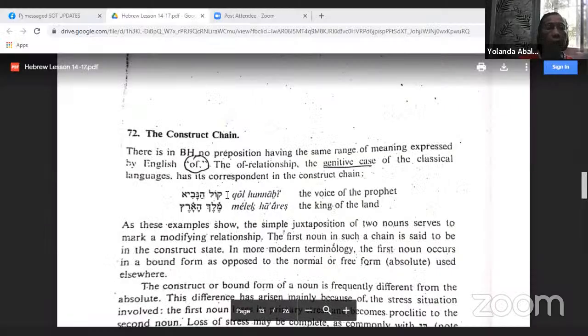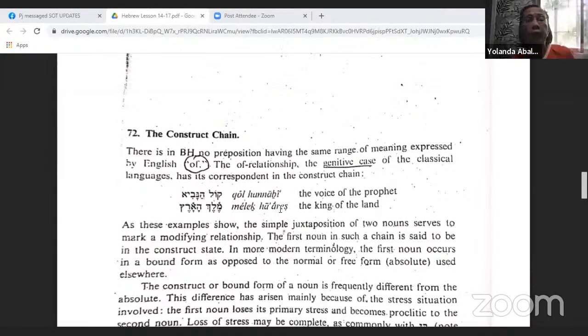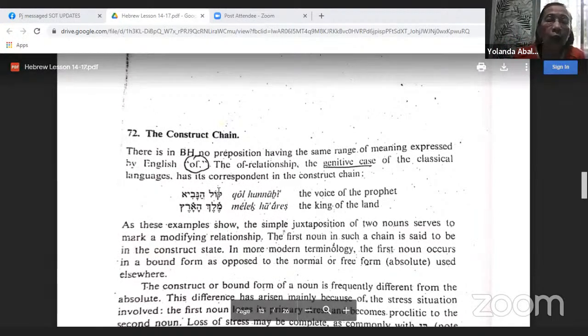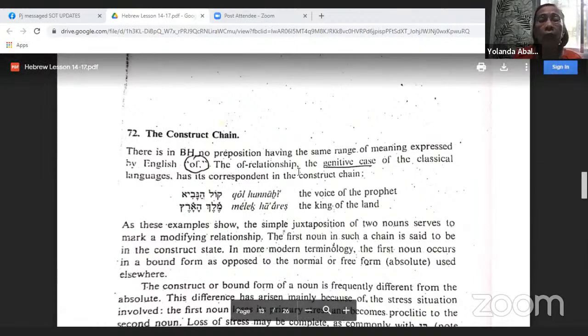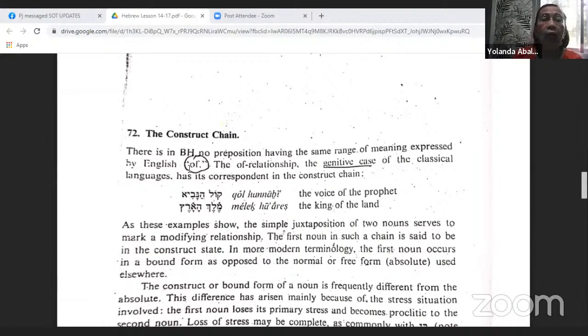Yan. So, meron tayong in English, equivalent niya, the genitive case of the. Such as we have Kol Hanabi. Kol, ano yung kol? The voice of. Tandaan nyo ha, we are talking of the construction, genitive case, and it is considered possession.